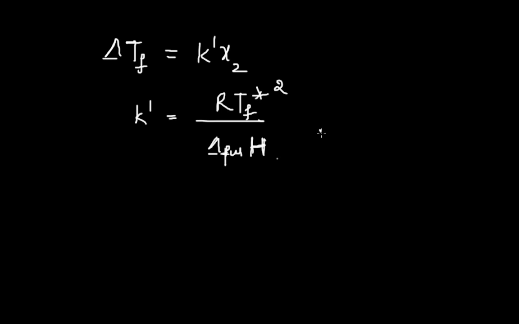Okay. So this also is good in terms of mole fraction of the solute. Previous one was in terms of the molality of the solute. So that was your depression of freezing point.